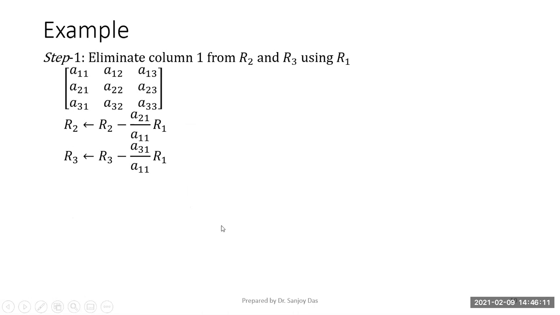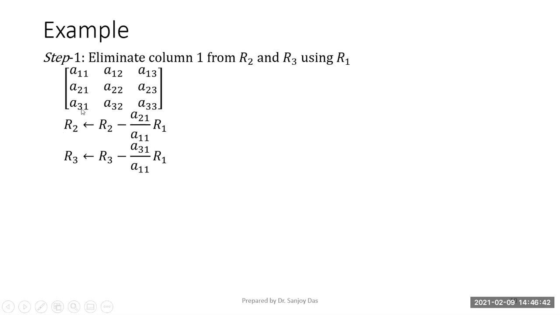And that was with specific values for each element of A. Now, in general, in order to eliminate A21 using A11, what we need to do is scale this row R1 with A21 over A11 and do the subtraction. R2 minus A21 over A11 R1. That's the new R2.